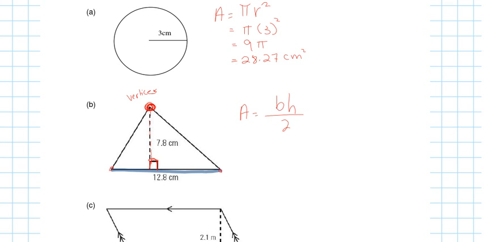Okay? So this is your height, and this is the base. You always have to make sure that your units are the same. If your units are not the same, then you have to do the conversion. Okay? So in this case, I have 7.8 times 12.8 divided by 2. What is that? 49.90 times 2.